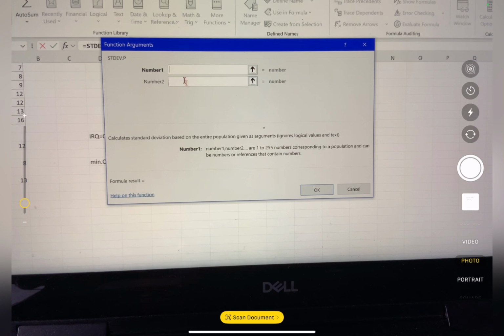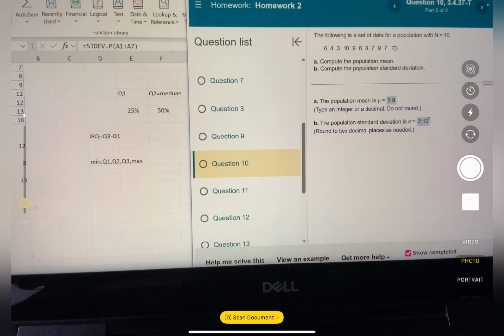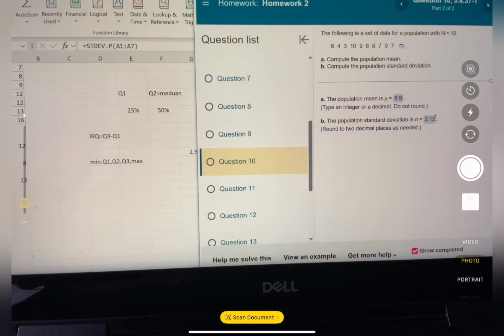Click OK, and then highlight the data. If it's a population, you will get the standard deviation for the population. Well, we have different data here, so I did it based on different data. That's why I got a different answer.